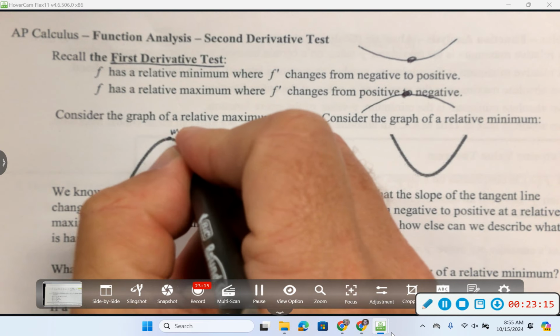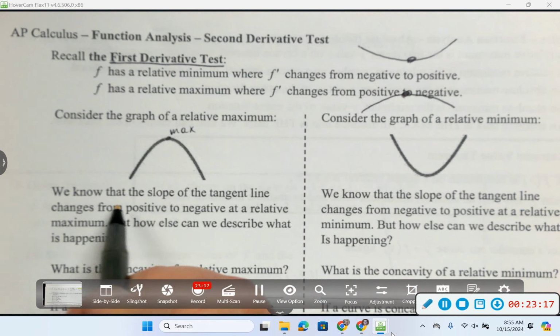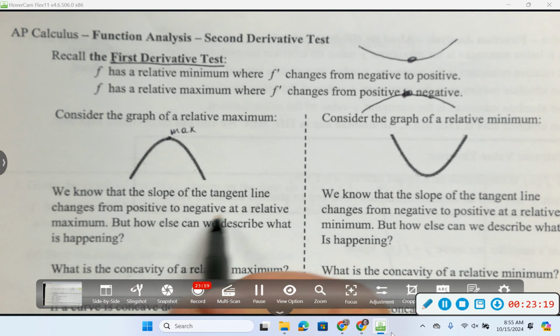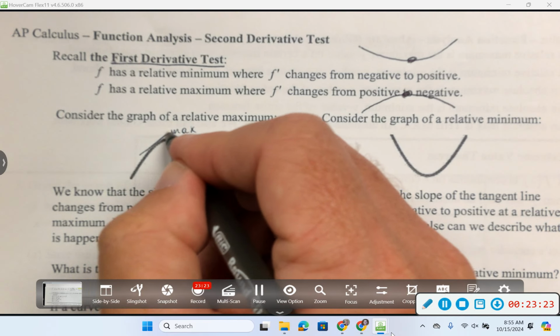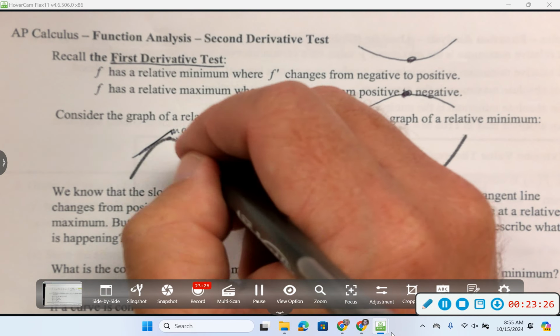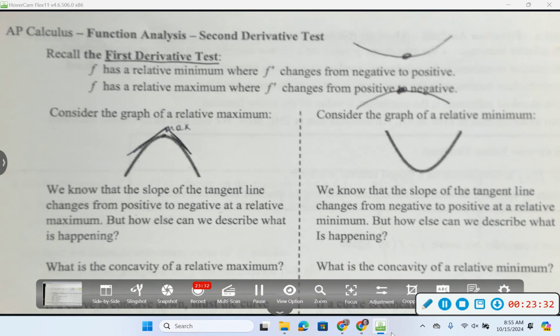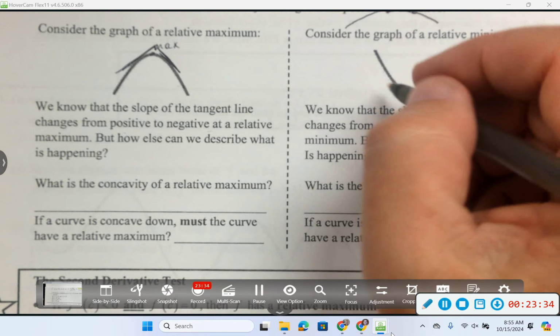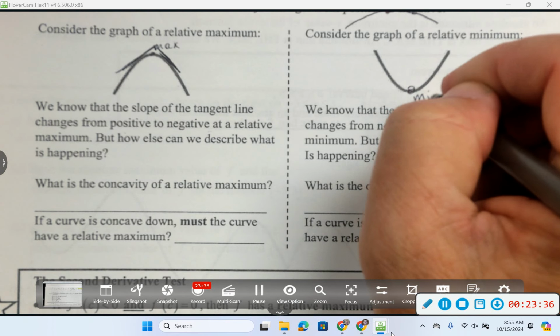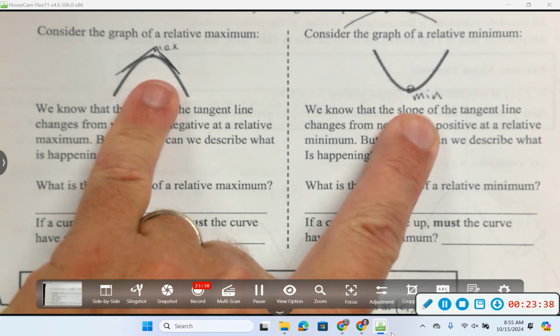So there's our max. We know that the slope of the tangent line changes from positive to negative. But what else is going on? Specifically the concavity, especially when you compare the concavity of a max to the concavity of a min.